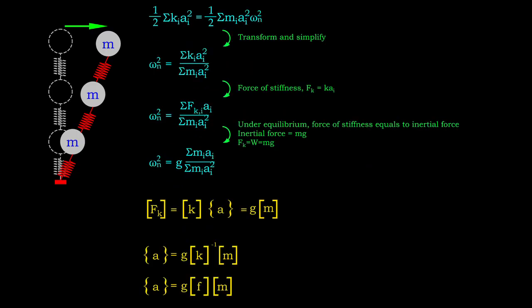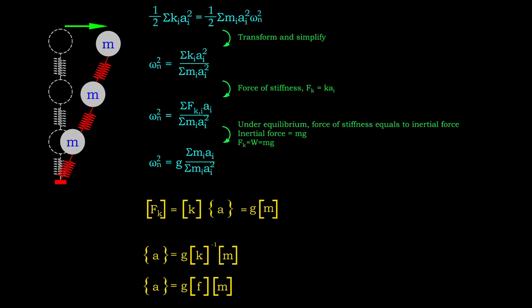After substituting both terms into the equilibrium equation for energy, we may express the square of the natural frequency in terms of other parameters. The force of stiffness can be written based on Hooke's law, and in a closed system it would be equal to the inertial force as well. We can then make some substitution based on this condition and simplify the equation for ωn squared.